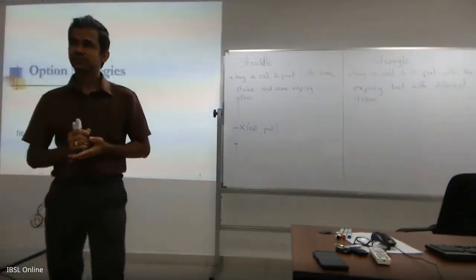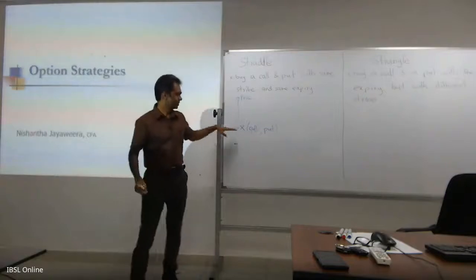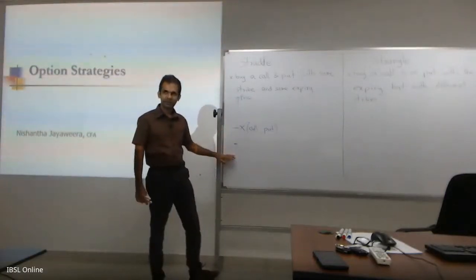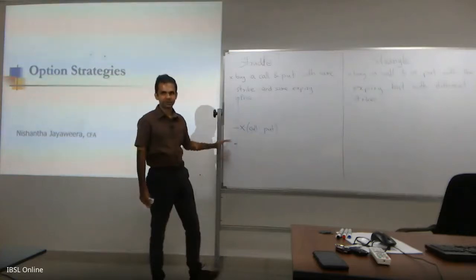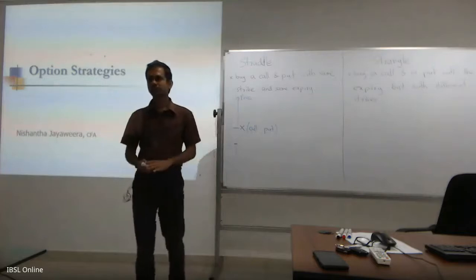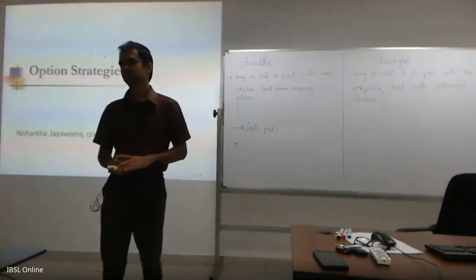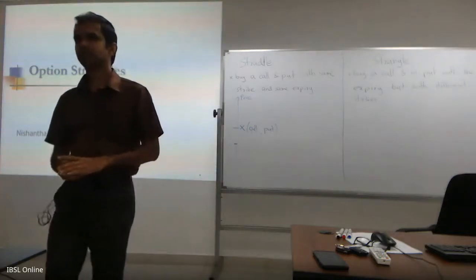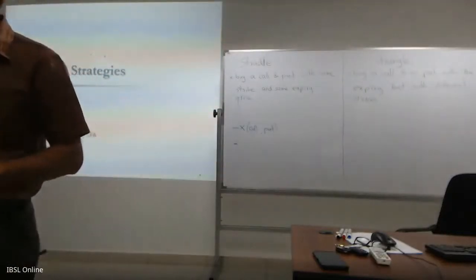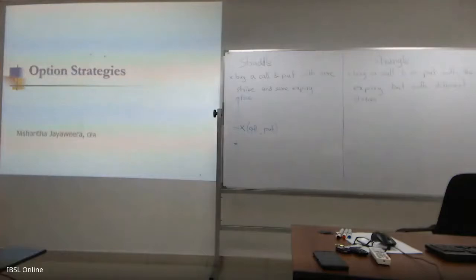What do you do when, on the expiry date, the price remains lower than the strike, below the strike? Now you have a call option and a put option. The call option, exit. Put option, exit. Fine.